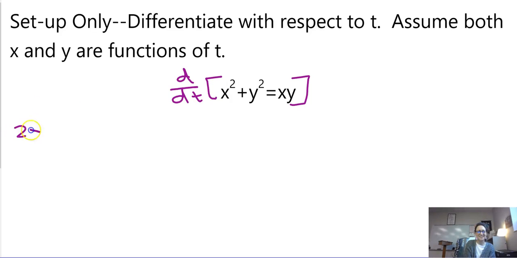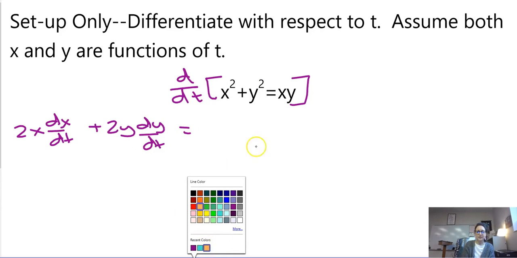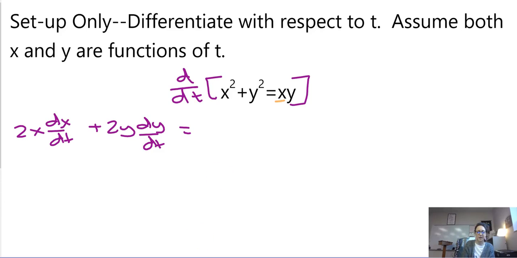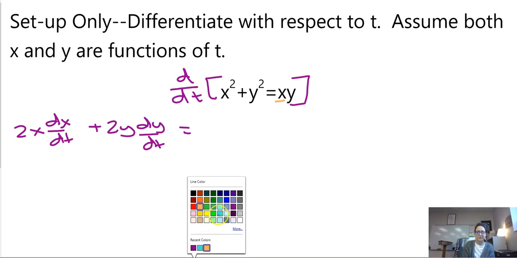Alright, so I've got 2x, now dx dt, plus, now I need to differentiate y squared, which would be 2y, now dy dt. So that's the left. Now, any special rules on the right-hand side? On the right side, I need product, right? So x times y.